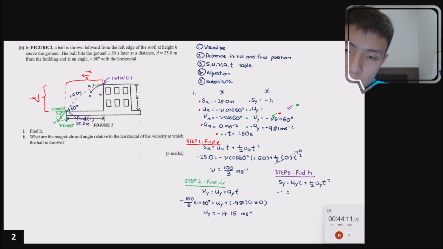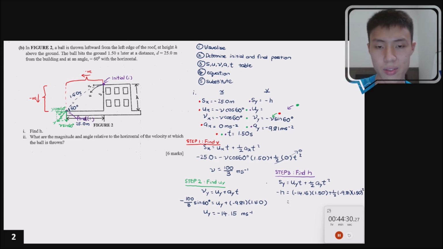So this one is negative h, equals negative 14.15 times 1.50 plus half times negative 9.81 times 1.50 square.